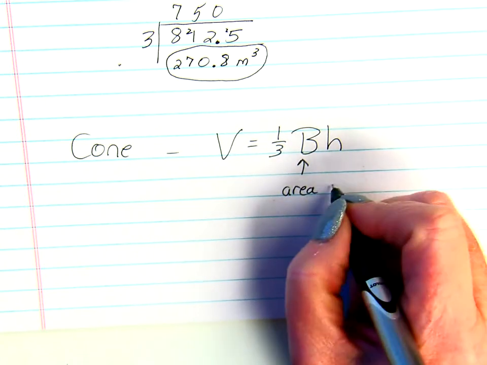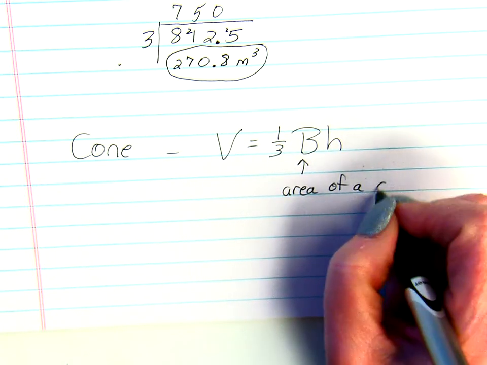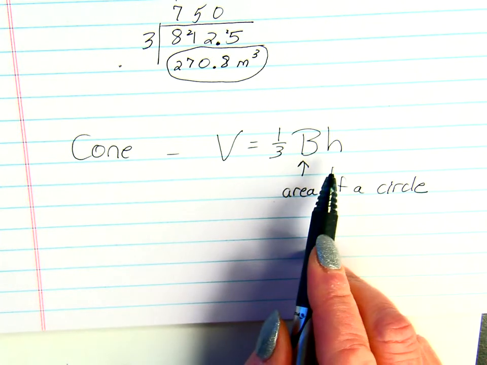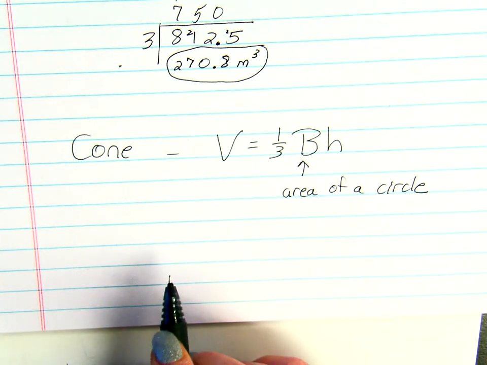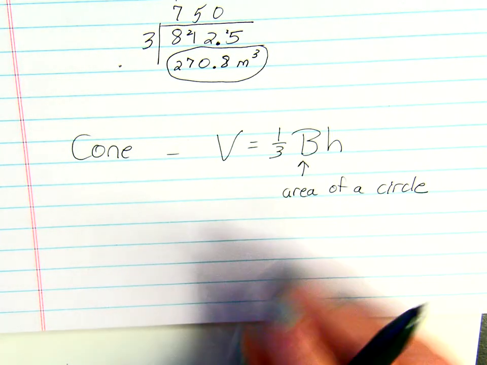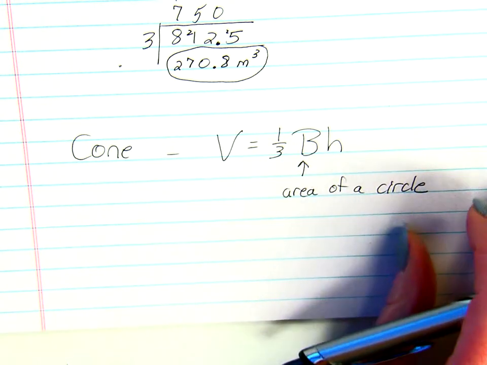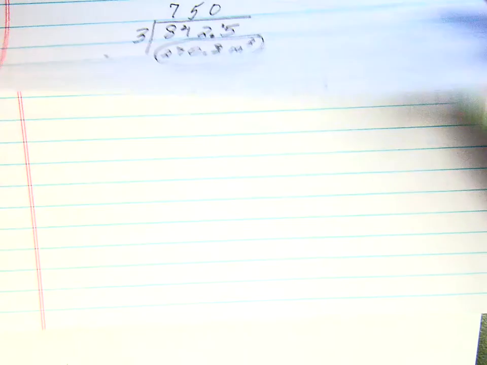So the big B is the area of a circle. We're still working with the height, and we're still taking 1/3 of that. So now we have to insert that pi r squared. Let's go to a second page so that we can see what we are looking at here.